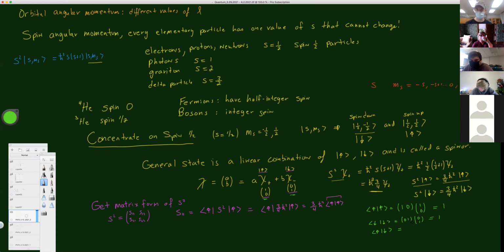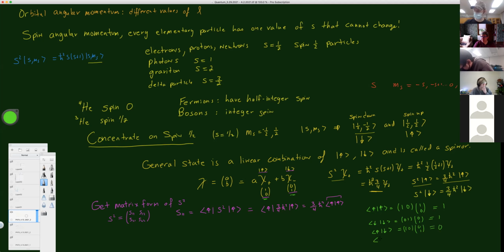It would be 3/4 h bar squared along the diagonal, absolutely, and everything else would be 0. But look at this, just to point out again, these are orthogonal states, because the up is 1, 0 in a row vector and then this is 0, 1; row times column gives you 0.